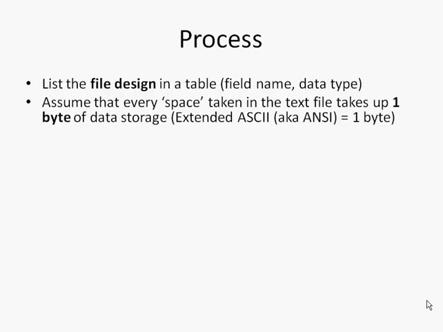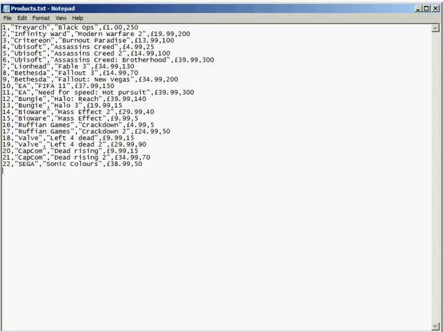Now the next part of the process is to list the size of each field in bytes. Now if we look at the sort of data that we've got, even the first field, although it's 1 byte of storage there, further down it's going to be 2 bytes. So what you need to think about is, what is my maximum size of each field going to be?